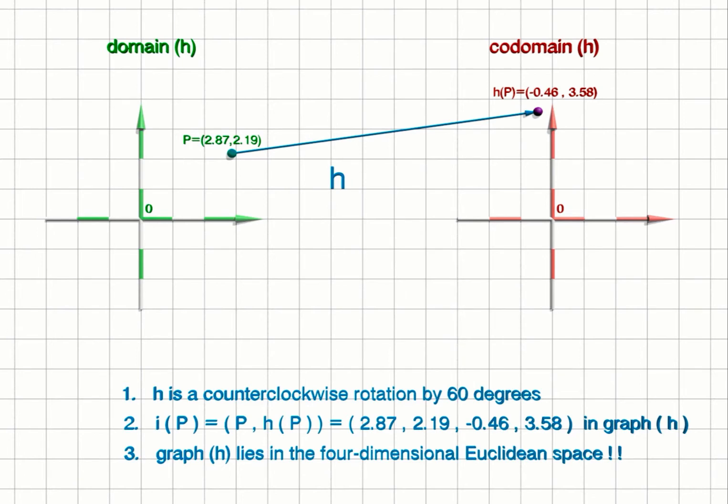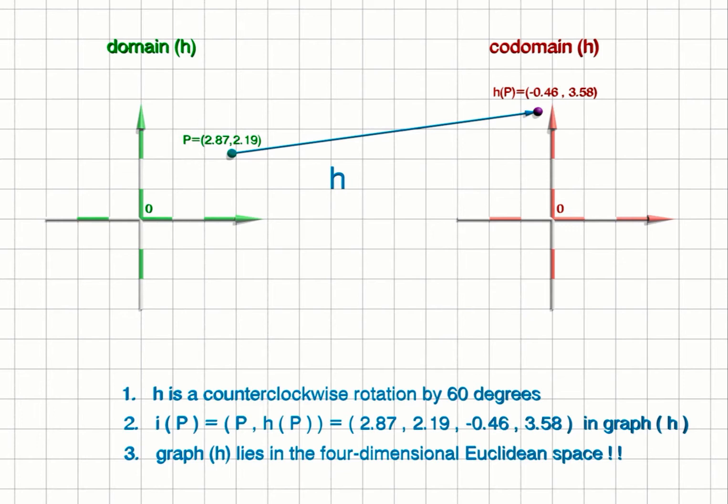By definition it is the pair P, comma, the image of P. For the map h, both P and h of P are a pair of real numbers, and if we write them in a row, we get this quadruple of real numbers: 2.87, 2.19, which account for the point P in the domain, and negative 0.46, 3.58, which is its image.